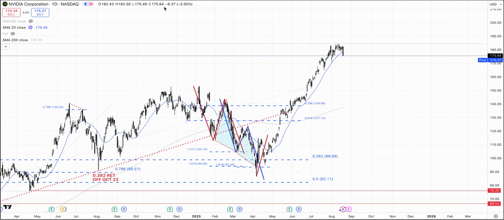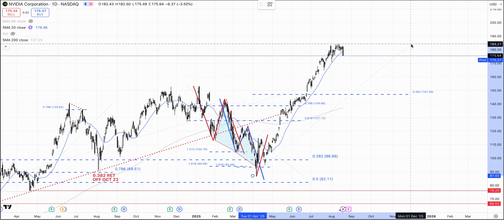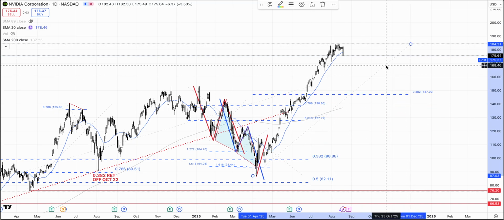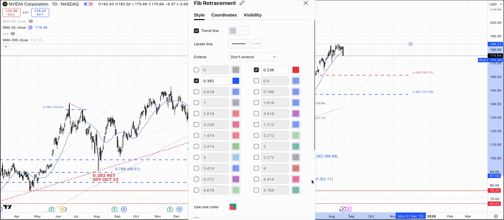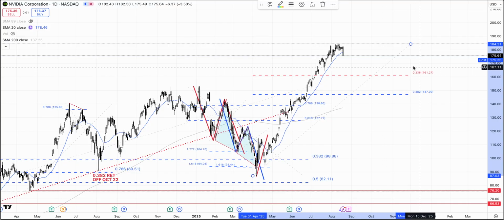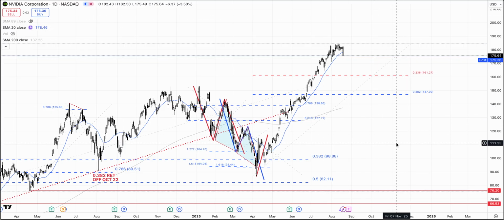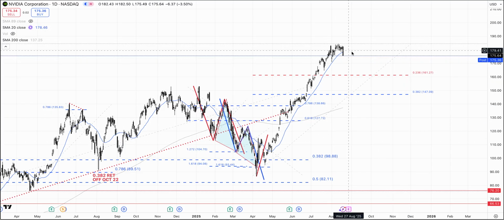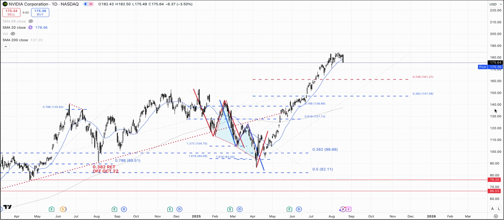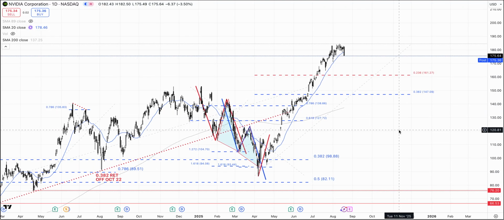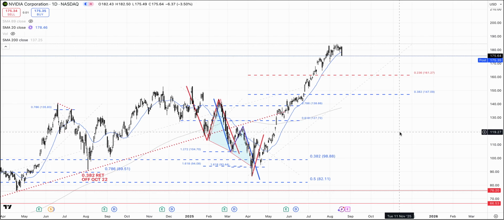The 38.2% of this rally comes in around 147. Let me also bring in 23.6, which is 160. So we'll be watching this 161, and then possibly around 147 as well, if the pullback continues lower. But closing below the 20-day moving average, which a lot of shorter term traders like to watch, can open up the door.